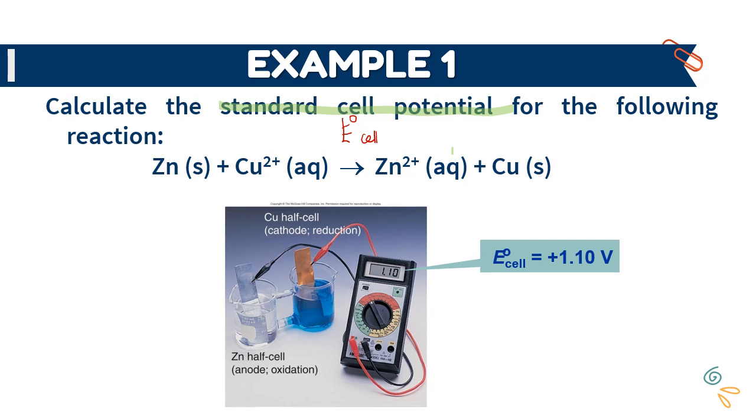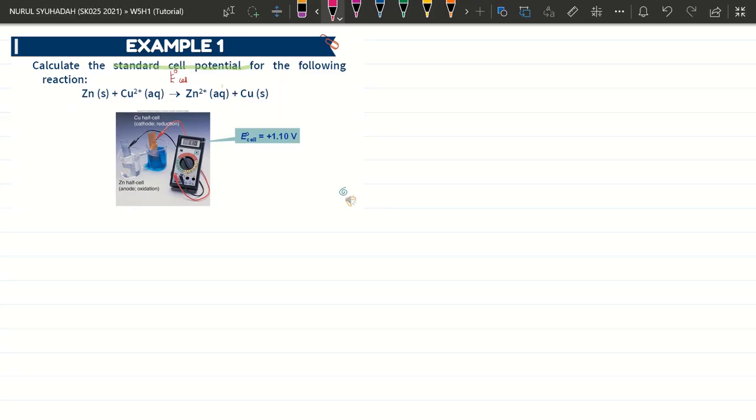Let's do this in the next slide. From the question just now, let's determine which is the oxidation and which is the reduction process that occur at our anode and our cathode.